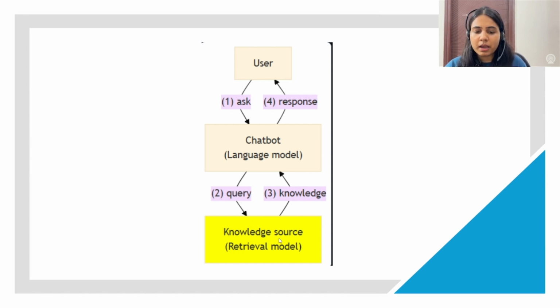Here I saved my mother's name, so it will go here and retrieve that data, and now it has the knowledge of that name, and it will send it to the language model. The language model, according to the data it retrieved, will process our query plus this name and we'll get the response back.